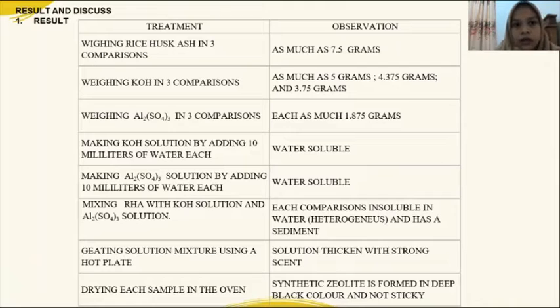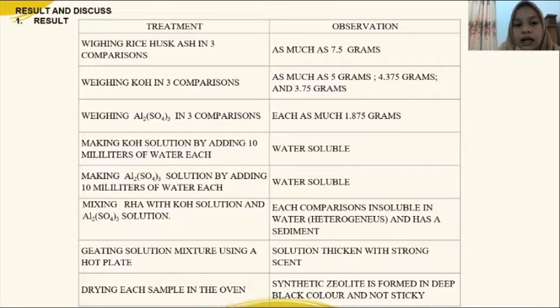Result: weighing rice husks in 3 comparisons, as much as 7.5 grams. Weighing calcium hydroxide in 3 comparisons, as much as 5 grams, 4.375 grams, and 3.75 grams.